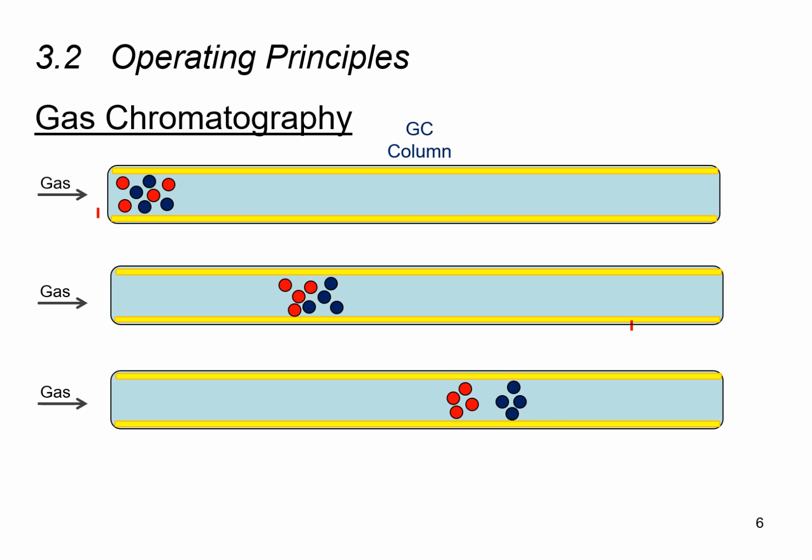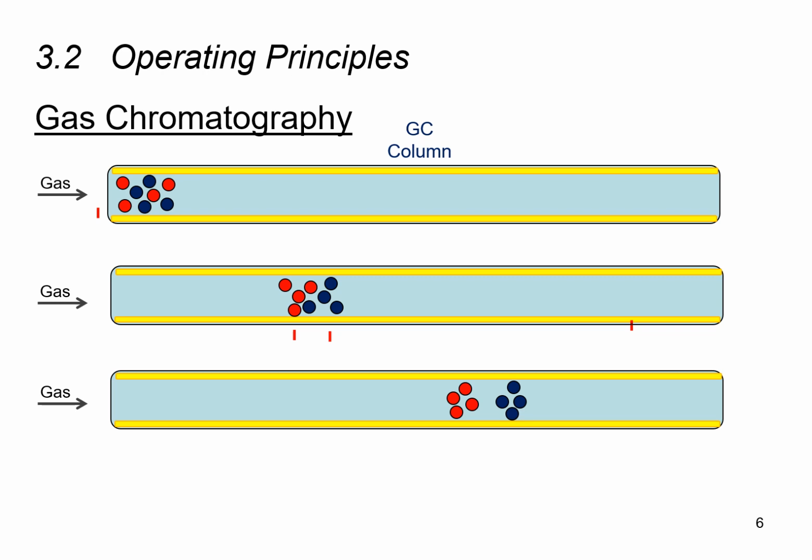So as the red and blue molecules start passing through the column, we see that they start to separate, and this is due to, again, the different extents of interaction with the stationary phase. So in the middle picture, you can clearly see that the red molecules are gradually being left behind, while the blue molecules are actually moving on in front.